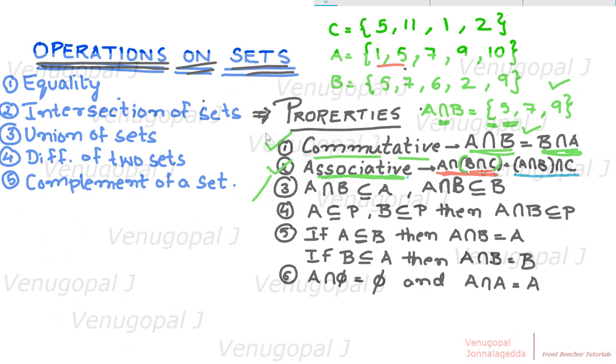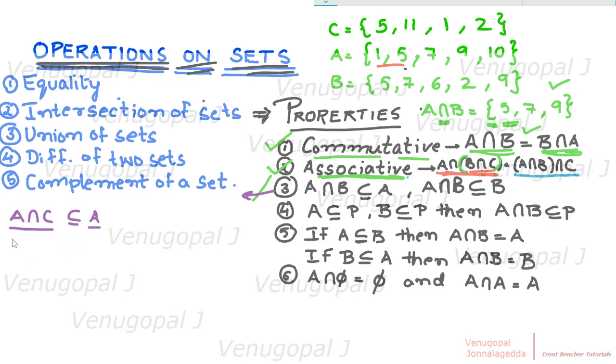Let's take purple rather. Okay, now we are looking at this third point. It states that A intersection B is a subset of A. The set formed by A intersection C is a subset of A. Let's find out.